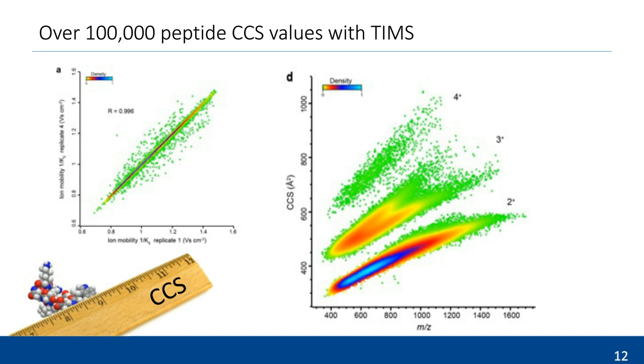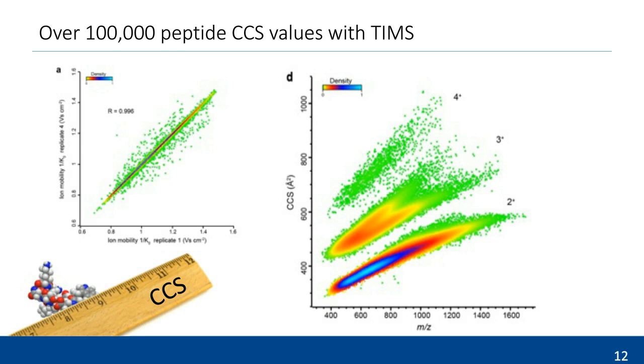And you can see that the Pearson correlation was well above 0.99, and the coefficient of variation between replicate injections is typically below 1%. So we can use this ion mobility information as kind of a cross-section ruler, then easily define the collisional cross-sections of tens of thousands or 100,000 of peptides.